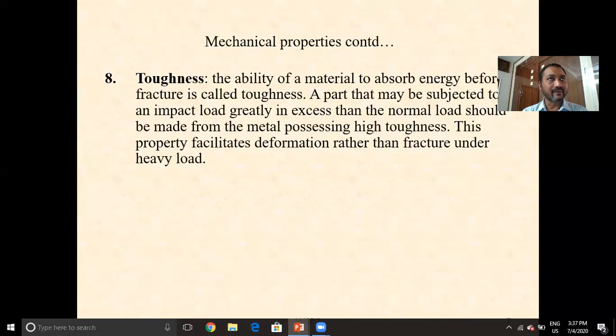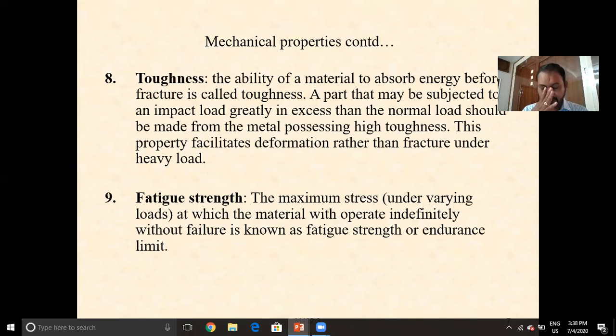Whenever it is subjected to some kind of load, it deforms plastically rather than breaking. That's why it is tougher as compared to cast iron. It also plays an important role while selecting the material for parts which are subjected to impact loads or sudden loads.